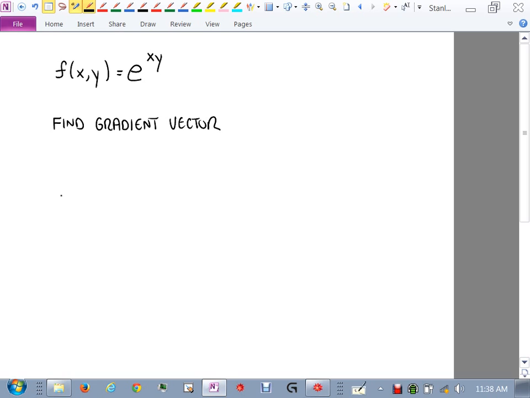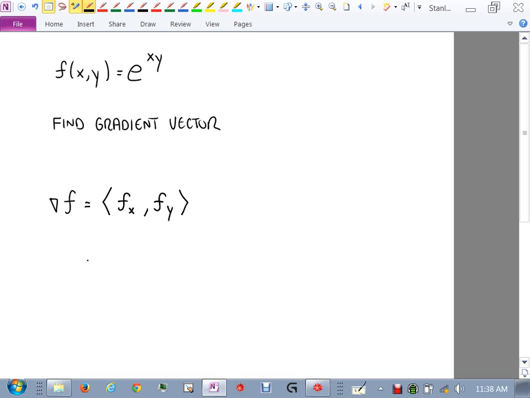In other words, we want to find del f, right? That's the way I'll write it in class. Well, by definition, this is just the vector where the first component is the partial of f with respect to x, and the second component is partial with respect to y.